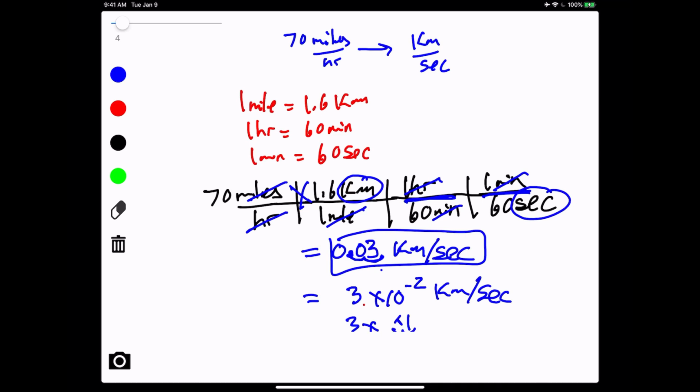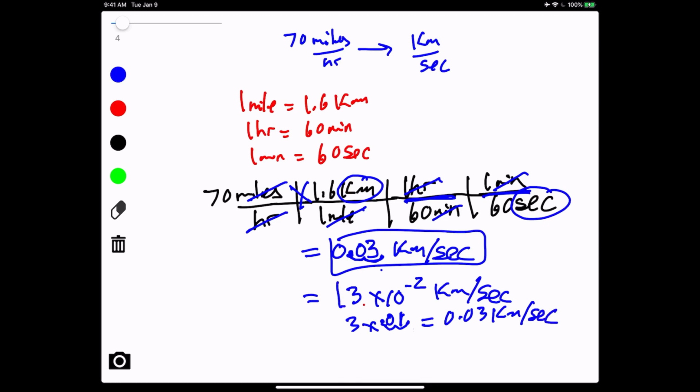Oops, can't see that too well here. Let's erase this and let's do that again. This is just saying 3 times, here's our 1, here's our decimal, we go over 1, 2 right here. So it's 3 times 0.01, which equals 0.03 kilometers per second.